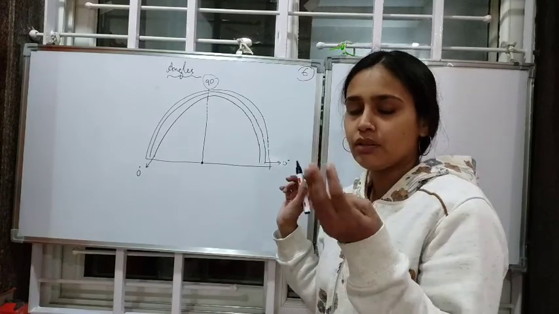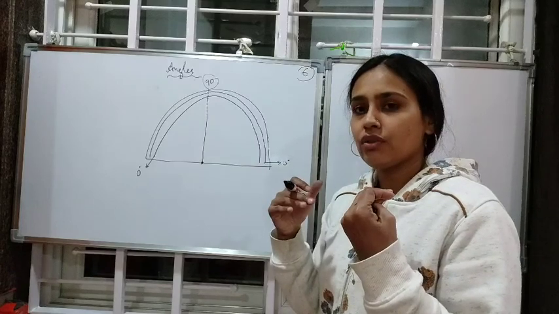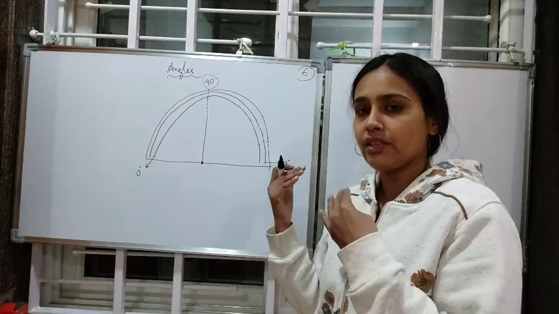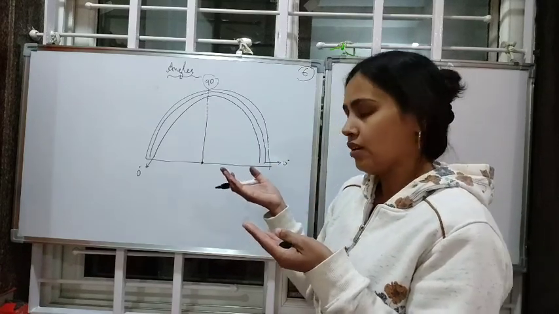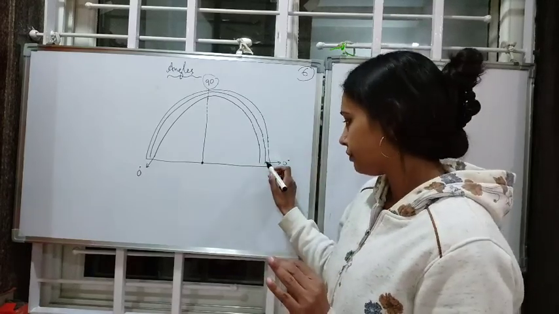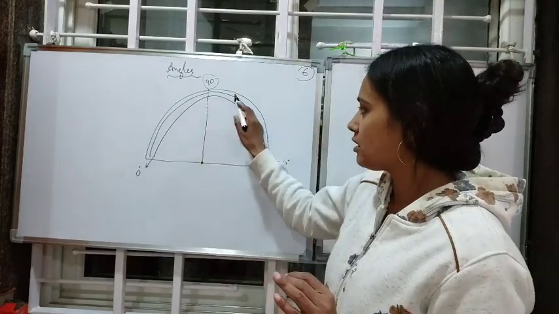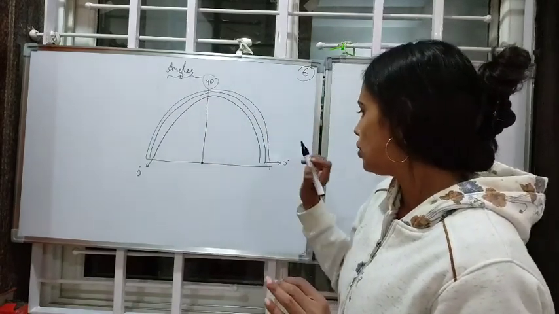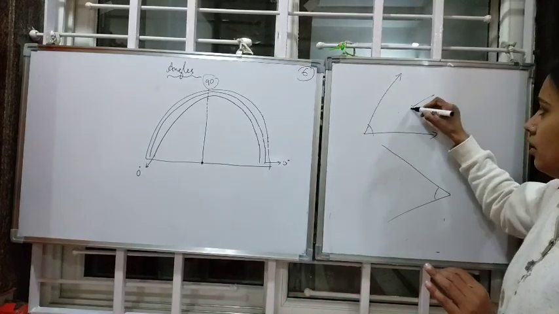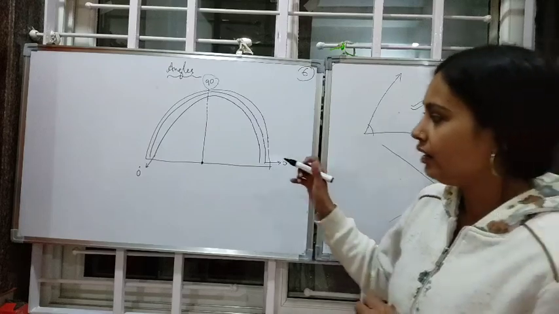I don't remember the diagram of the protractor, whether the inside one was right facing or the outside one, so I have just made it on my own. It's just rough. So the outer scale is used to measure the right facing angle.